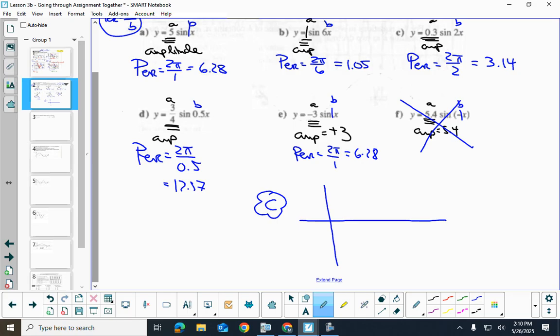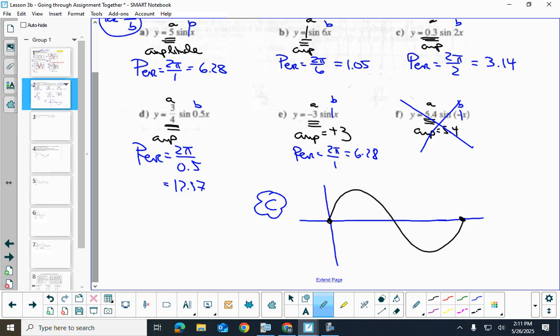And what I want you to do is draw in your sine wave. Your sine wave starts at 0, 0. It goes up, down, up. And we're going to have it finishing right there. Now, technically, it doesn't finish. That wave continues forever on the left side and forever on the right side, forever and ever.